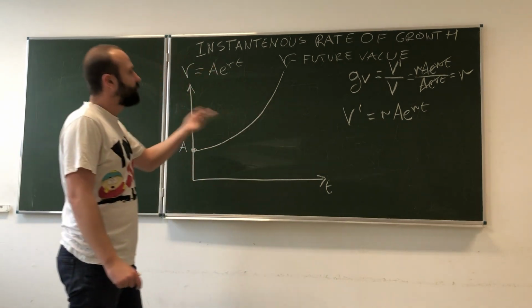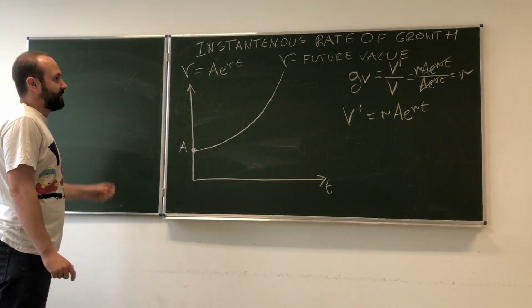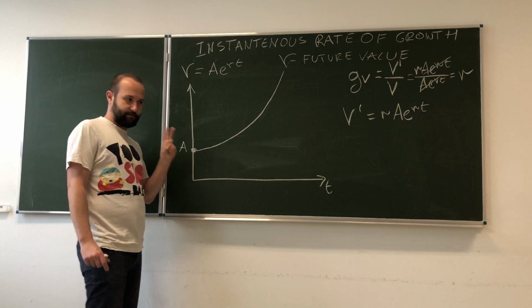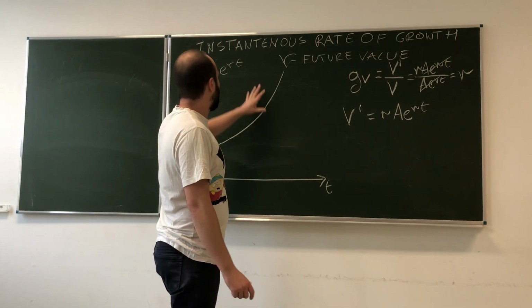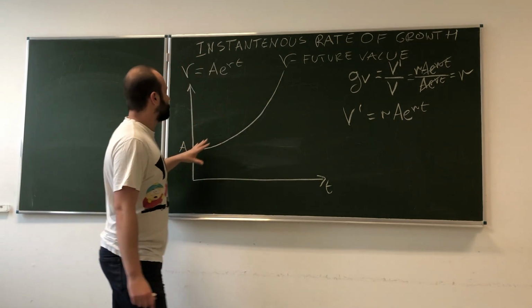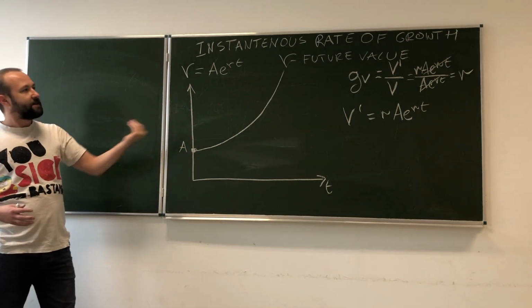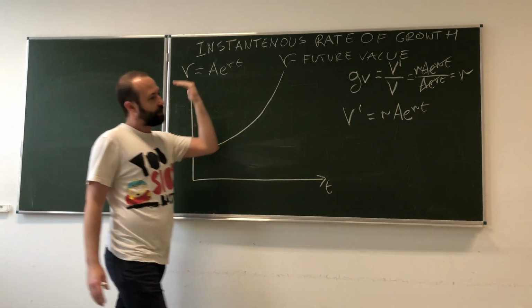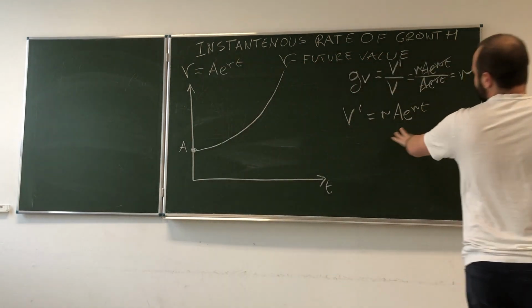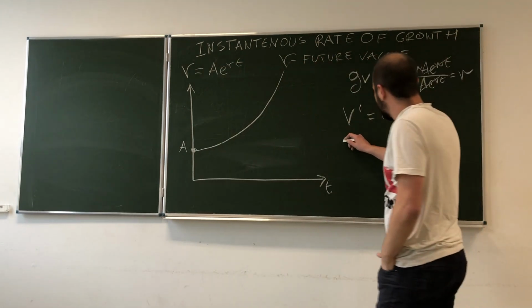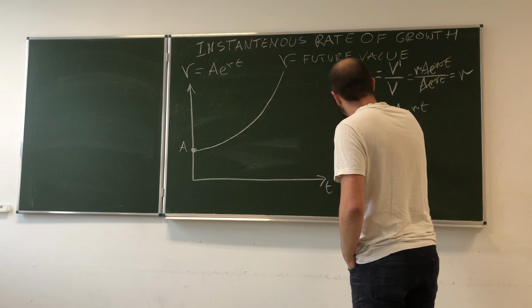How can we check it? We can use the second derivative test. If the first and the second derivative are positive, we can be sure that the function is increasing and convex, which means that it has positive acceleration and increases faster and faster. So let's calculate the second derivative.